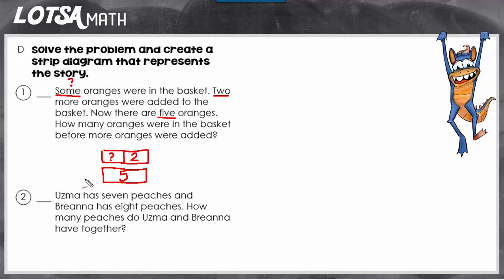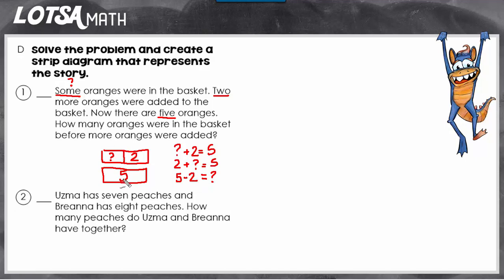This strip diagram can help us figure it out because now we can use these 3 pieces of data to make number sentences. We can do question mark plus 2 equals 5, or we could do 2 plus question mark equals 5. But number sentences are easiest to solve if the question is at the end. So to get the question at the end, the 5 and the 2 have to be here.